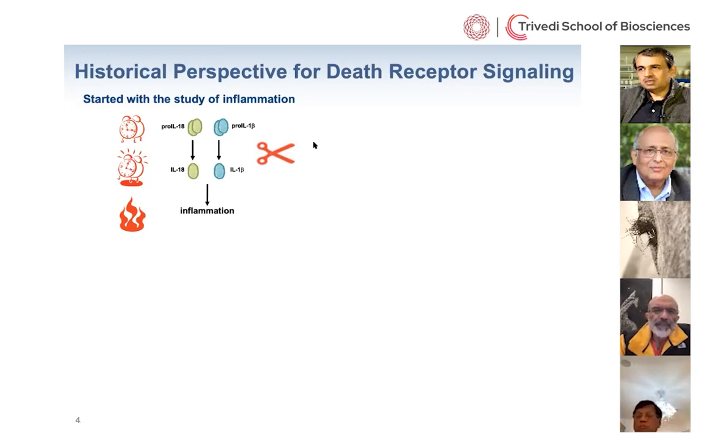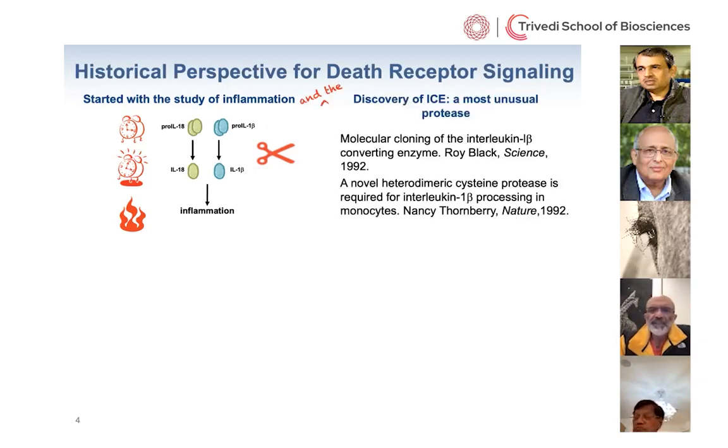So the question that loomed large was, what was the nature of the protease? What was this molecular scissors that did this clipping that converted an inert cytokine into an active cytokine that could mediate inflammation?